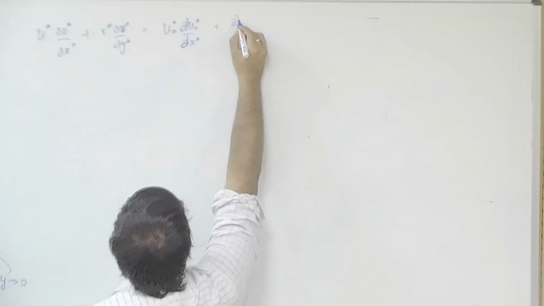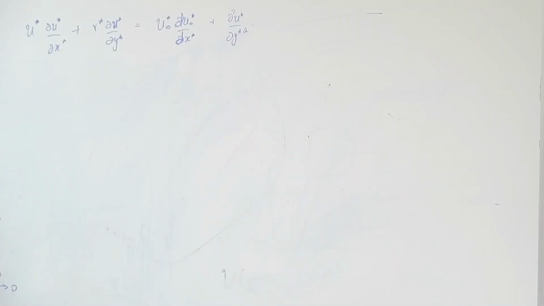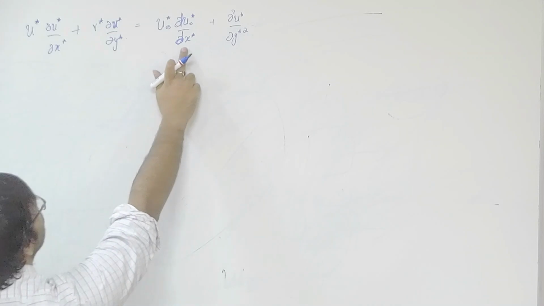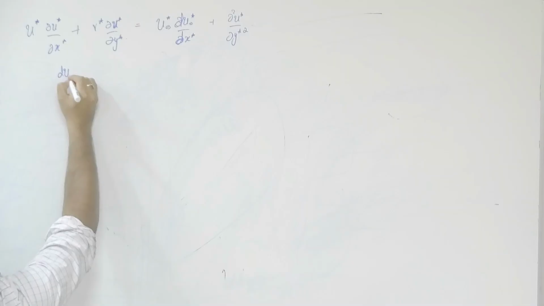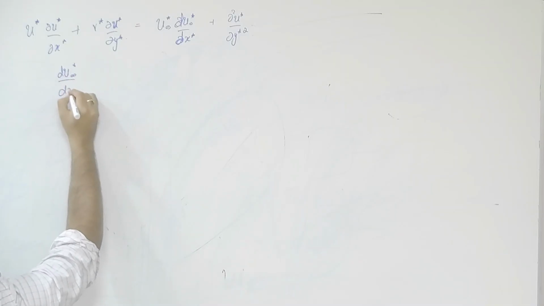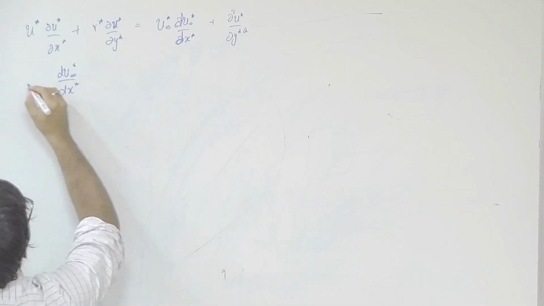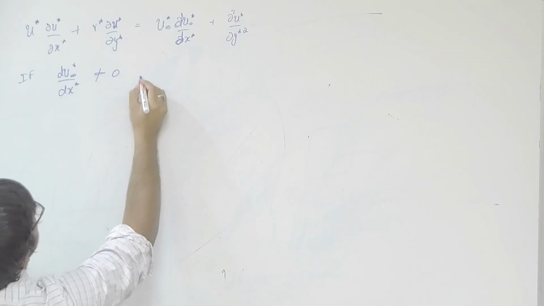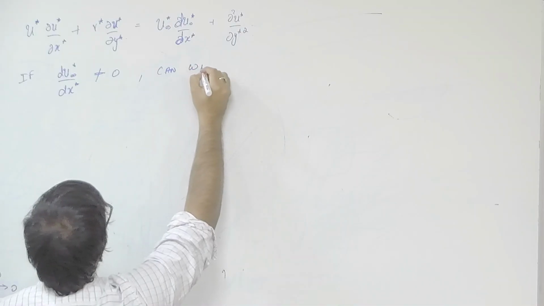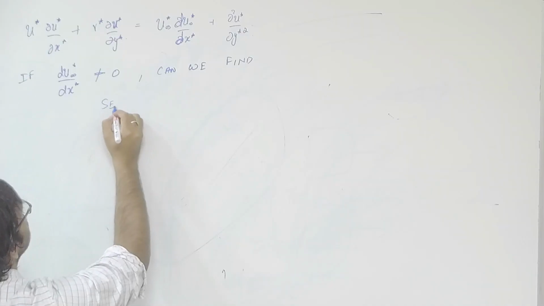And now what we are going to entertain is: what if this du infinity star by dx star is not 0? What happens in that case? Basically, the question that we want to ask under the confines of our theoretical analysis is, if du infinity star by dx star is not 0, can we find self similar solutions?